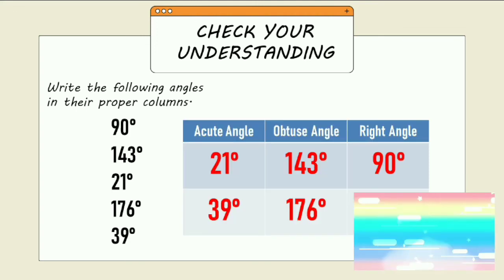So we have acute angles 21 degrees and 39 degrees, obtuse angles 143 degrees and 176 degrees. And for the right angle, of course, isa lang naman yon, yung ating 90 degrees.